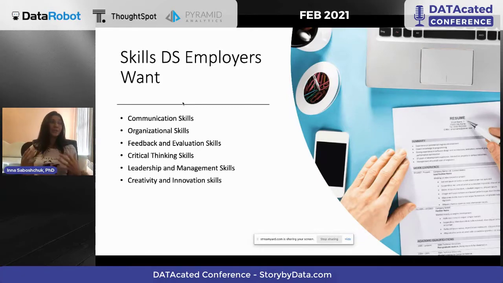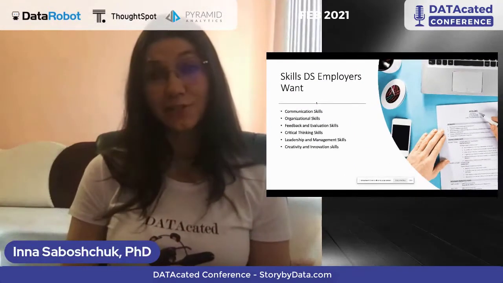So you can build the most extraordinary mathematical model on the face of the earth that predicts something with 100% accuracy. But if you cannot convince a business stakeholder that this model is important, then you might as well have not built it, because it's not going to go into production and the business is not going to use it.